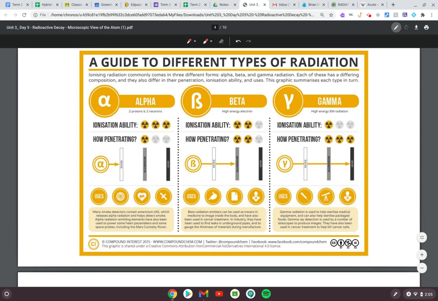And then we have gamma radiation, which is the most penetrating of the three different types of radiation that we're going to talk about. What it does is travel directly through your body, but in the process of traveling directly through your body, it can lose a little bit of its energy.